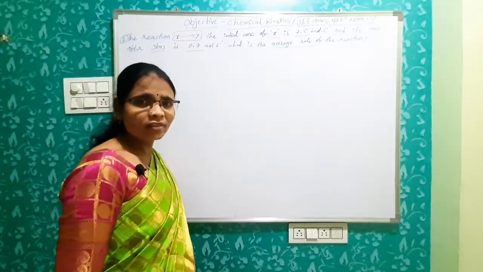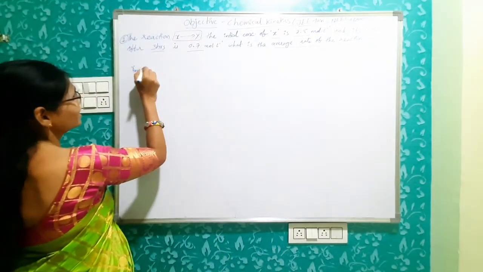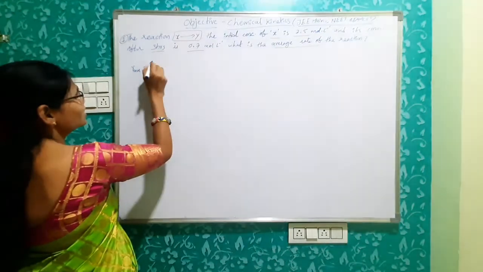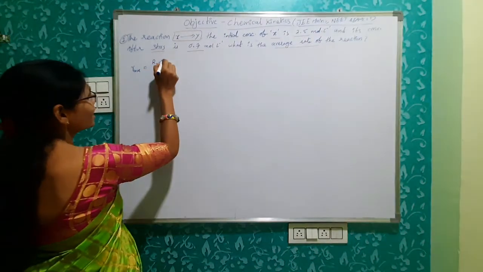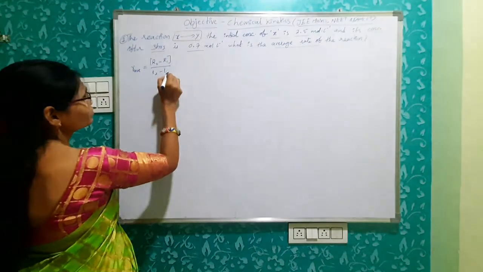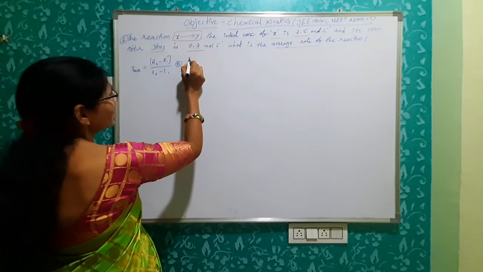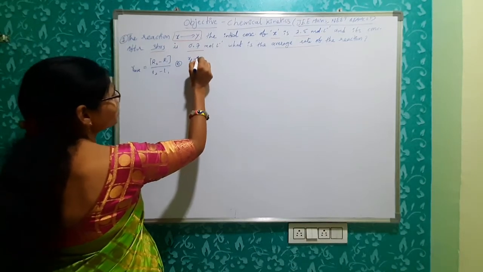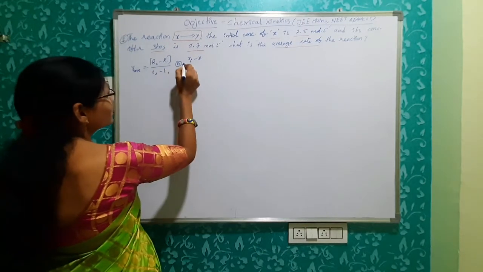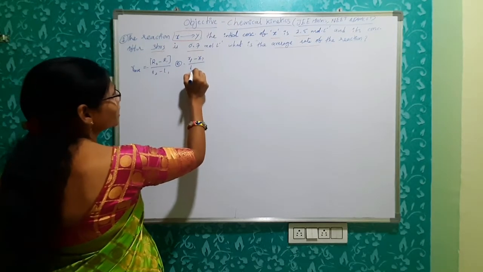What is the formula for the average rate? Average rate is nothing but minus R2 minus R1 by T2 minus T1. So here R2 is the final concentration of X minus the initial concentration of X, by T2 minus T1.